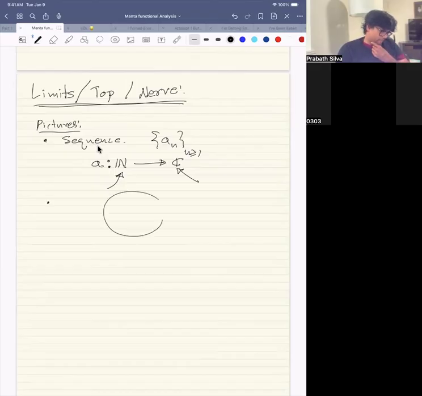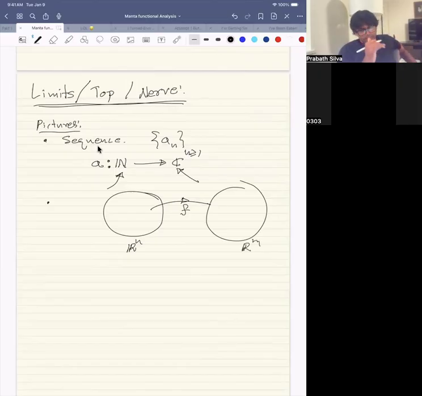Later on, if you have a function, and this is what we do in analysis, say from Rn to Rn, some open regions in there, we can talk about a point x here, and xn goes to here, and we have yn, let's say f of xn, and then it goes to y.